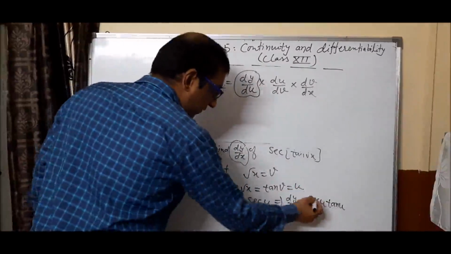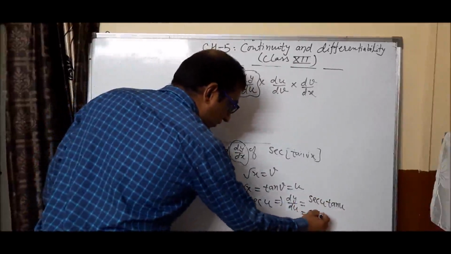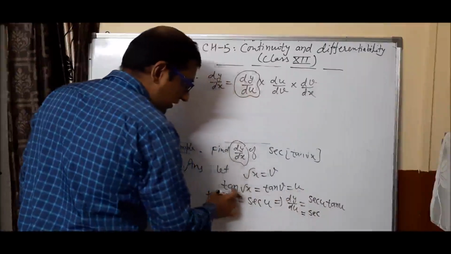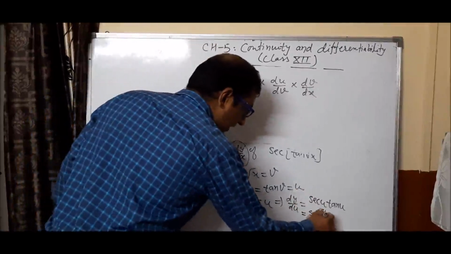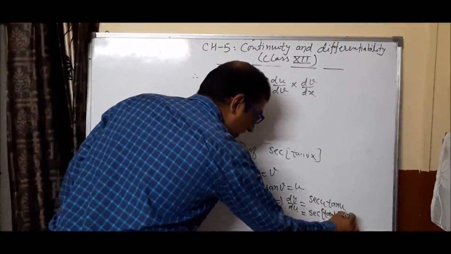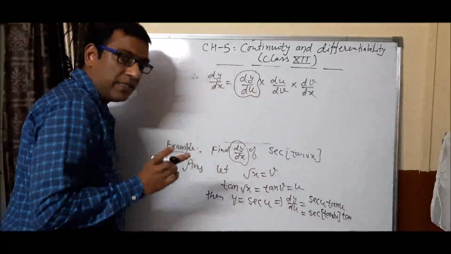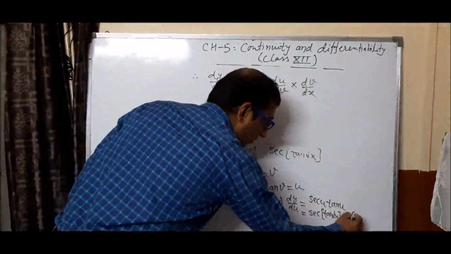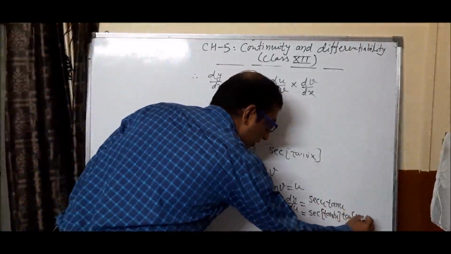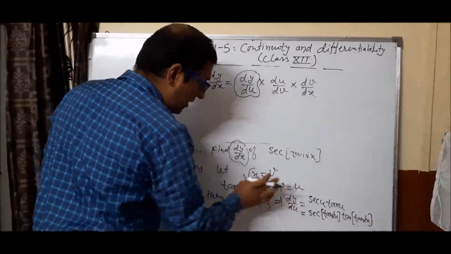If we put the value of u here, it becomes sec of tan root x, then tan, again putting the value of u, tan root x. This is dy by du.